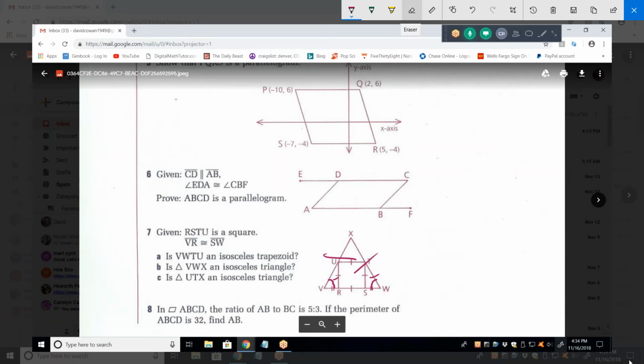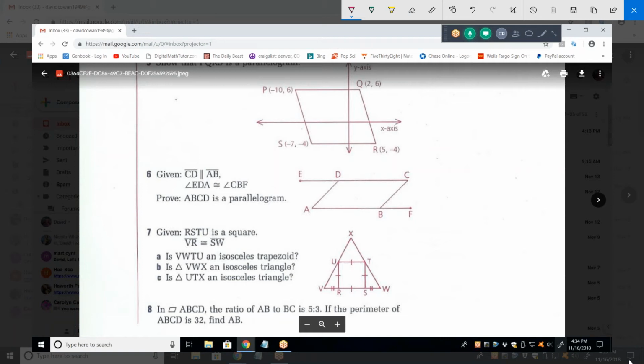Now is part C. I assume they're talking about that triangle. Is that isosceles? I know that UX is equal to TX because of that addition, yeah, subtraction.